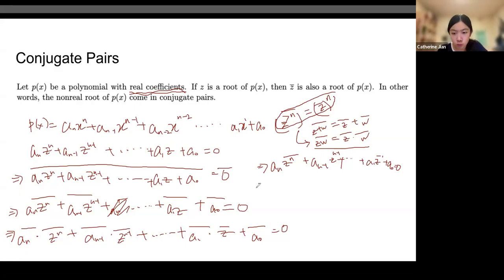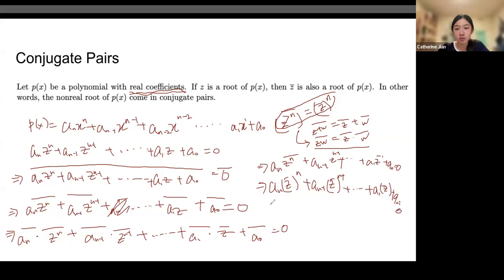So that means we can move the conjugate inside of the power. So a of n times the conjugate of z to the n plus a of n minus 1 times the conjugate of z to the n minus 1 plus etc. a of 1 times the conjugate of z plus a of 0 is equal to 0.